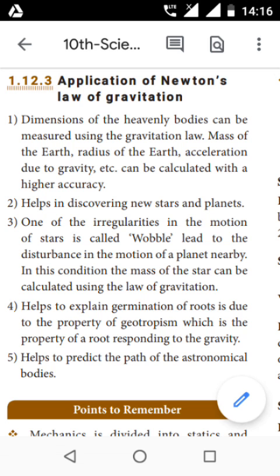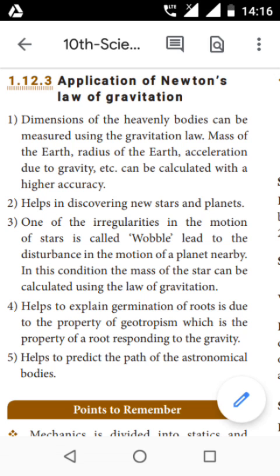And the fourth one is that it helps to explain the germination of roots, which is due to the property of geotropism, the property of the root responding to gravity. That means using Newton's law of gravitation, we can explain how plants grow upwards and downwards.